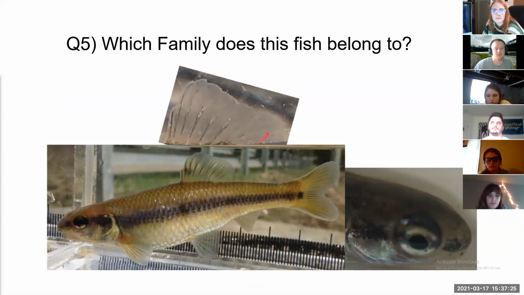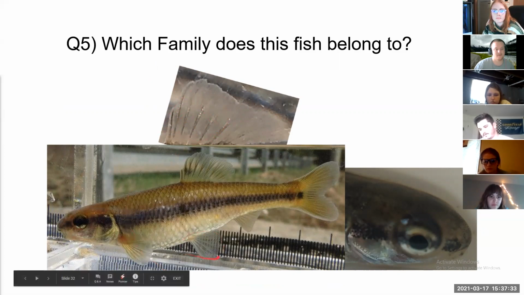So I blew up the dorsal fin here so you can see, looks like it has soft rays, right? Pelvic fin here.